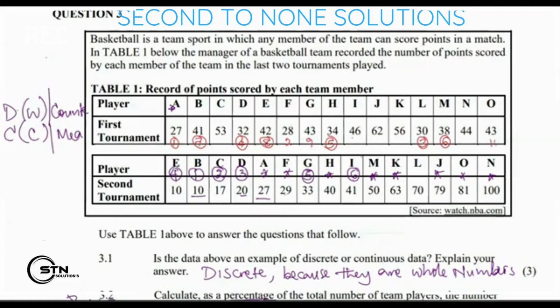And number 10 followed by 44, followed by 46, which becomes 12. 53 becomes 13. 56 becomes 14. And 62 becomes 15. It's better to do it this way to avoid scratching on your answer sheet.